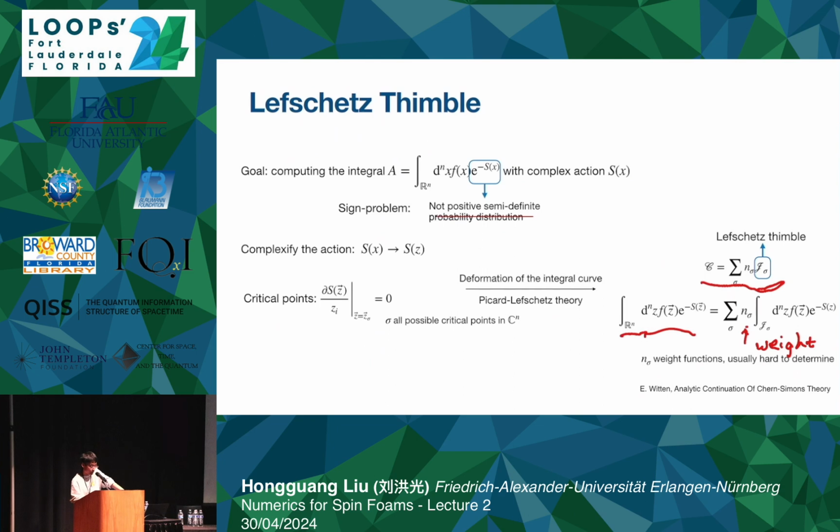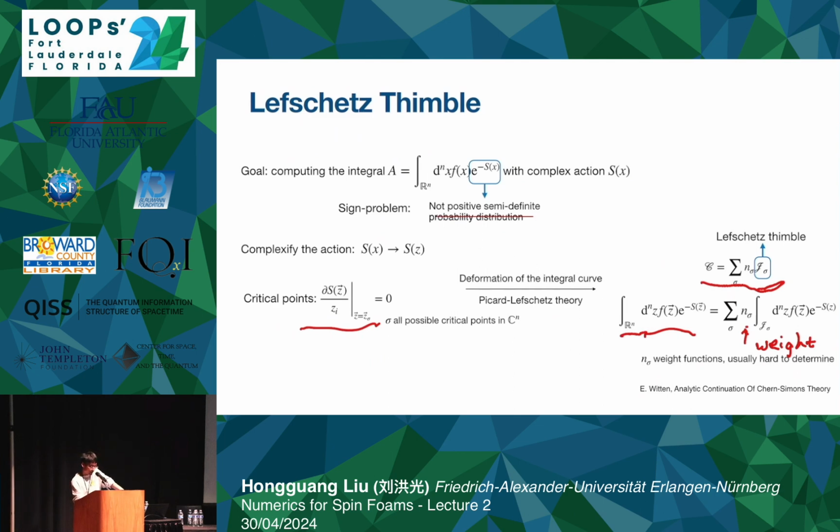So the complex plane integral is equivalent to the original real plane integral. That's the idea of the Lefschetz thimbles. And the idea behind it is, again, we choose the critical point, and we choose similar things for the steepest descent path. And now it's given by these thimbles.